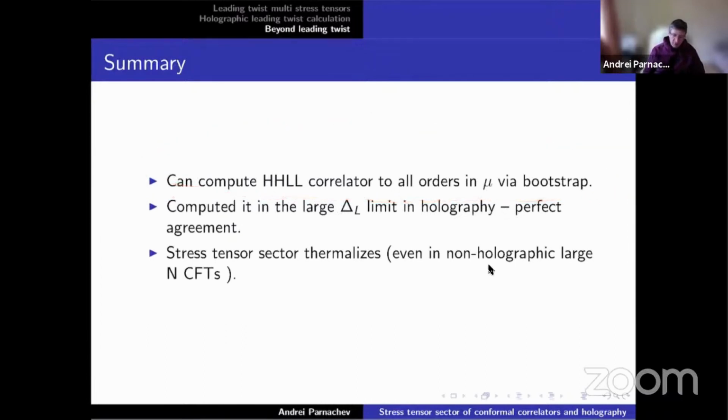And then I computed it in the large delta light limit using holography, and there is a perfect agreement between the two sides. So all of this was in the leading twist. I also mentioned one application beyond the leading twist, where we observed that the stress tensor sector thermalizes, even in non-holographic large N CFTs.